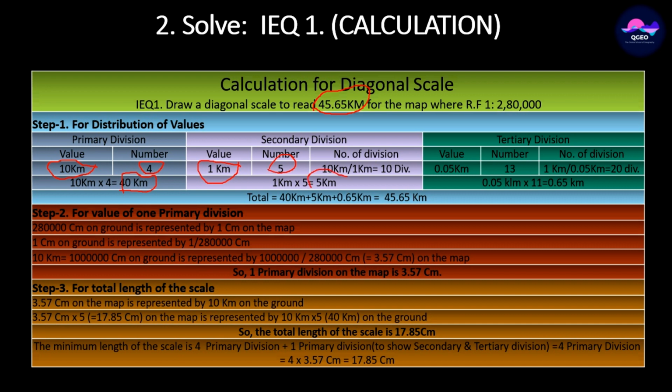So it will be 5 kilometer in secondary, and how many divisions are there in the secondary part? The formula is value of primary division, that is 10 kilometer here, divided by value of secondary division, 1 kilometer. So 10 kilometer divided by 1 kilometer, that is 10 divisions.